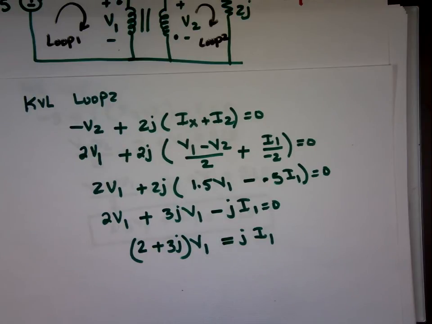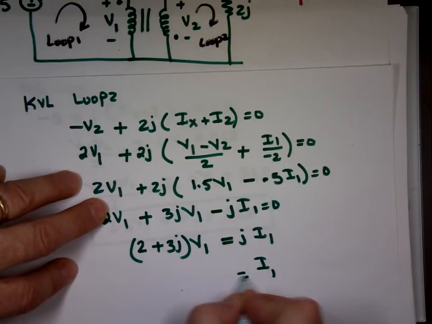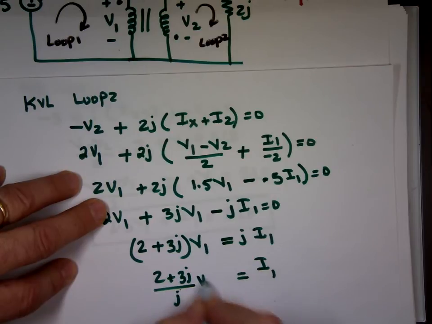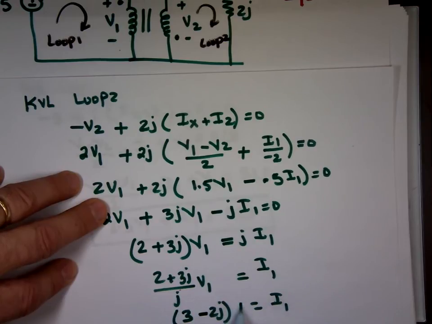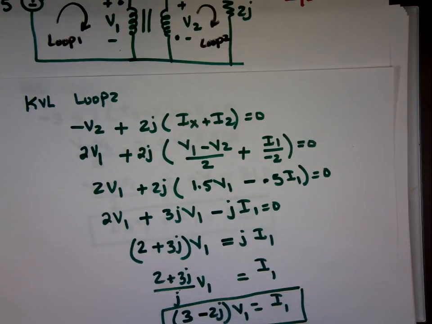If you divide by j, 3j over j, that's 3. 2 divided by j. J on the bottom will make it minus j on the top. And that's what that equation gives me. Anytime you divide by a j, that's equivalent to multiplication by negative j.